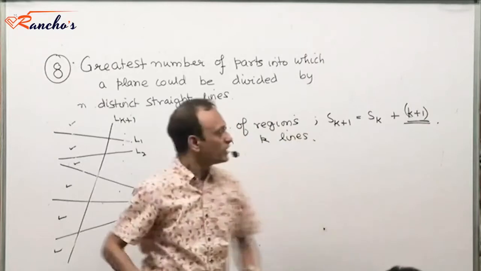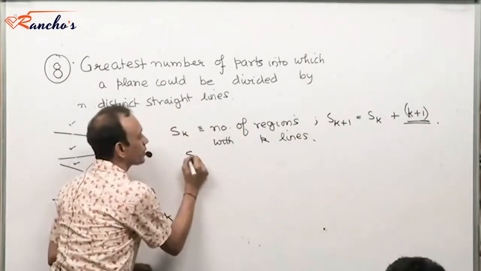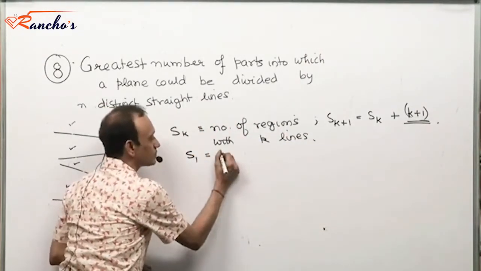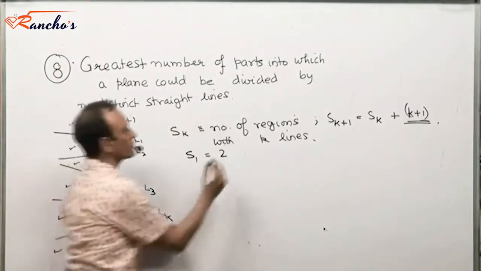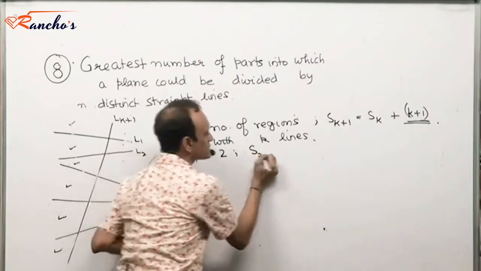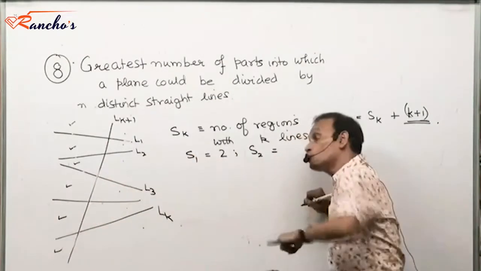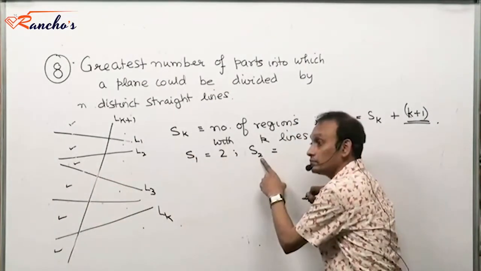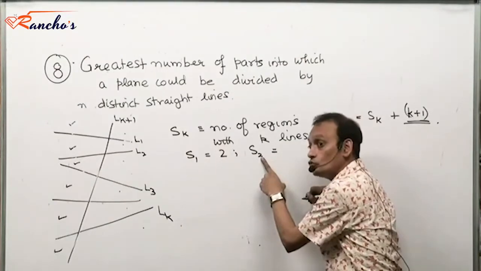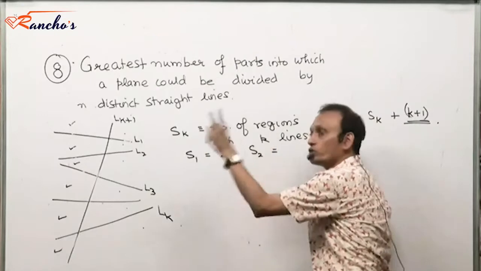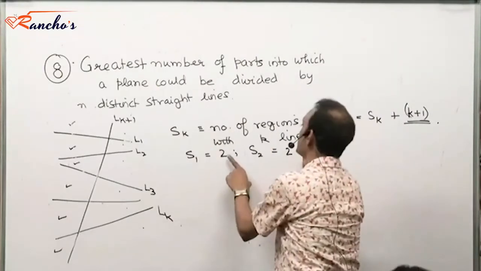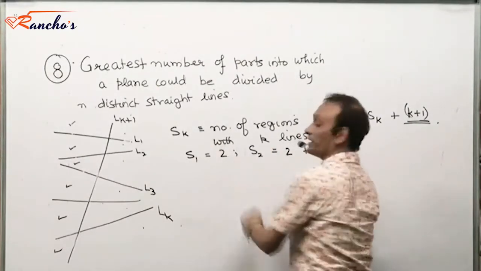Now, if I had one line, how many regions were there? 2 regions. If there were 2 lines, then 2 more regions will get added, right? With S2, that means 2 that were originally there and 2 more got added.